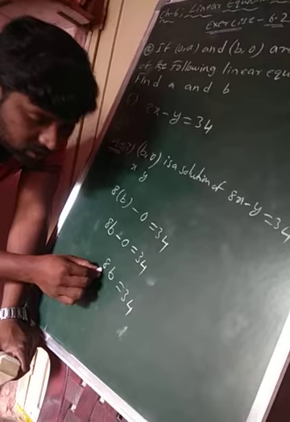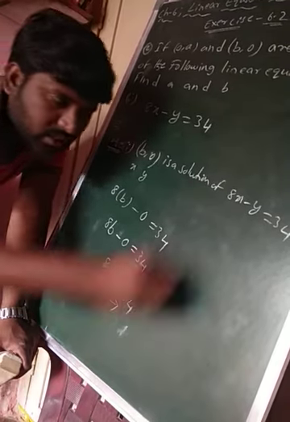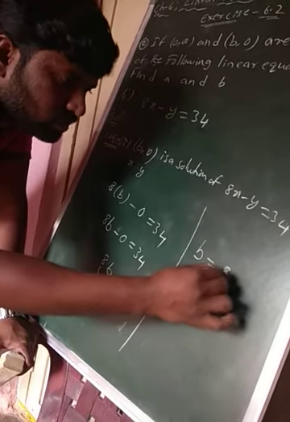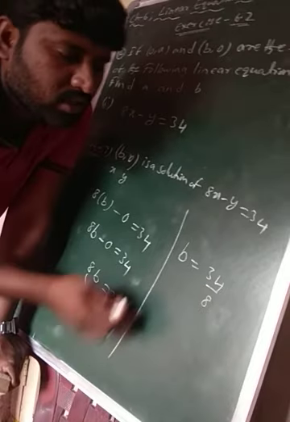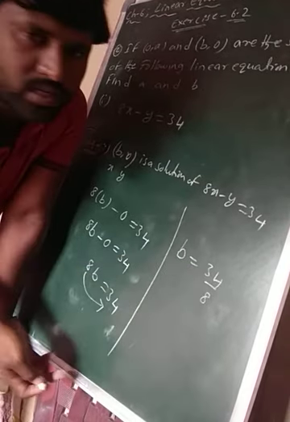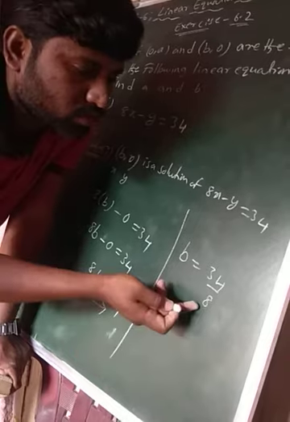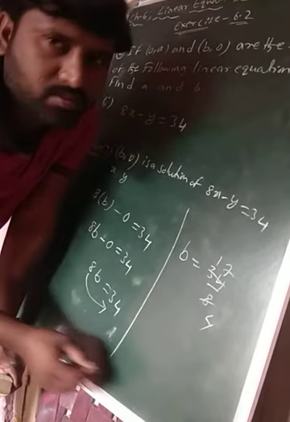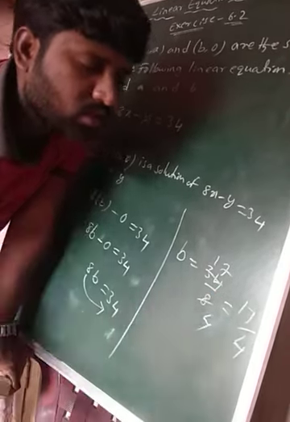So the multiplication, transposed to the RHS side, becomes division. So we can write b equals 34 by 8. If it is possible to cancel, you can cancel, otherwise you can leave it. So in the 2 table, 2 fours are 8, 2 seventeens are 34, yes, the value of b equals 17 by 4.